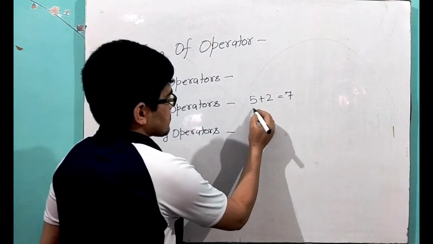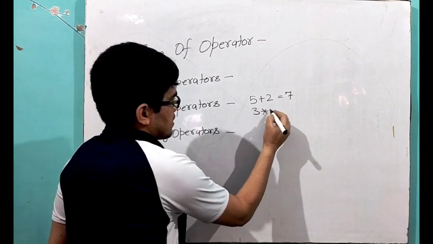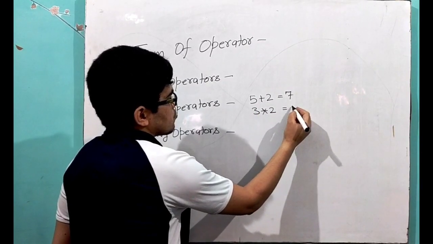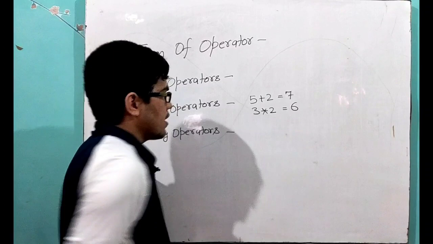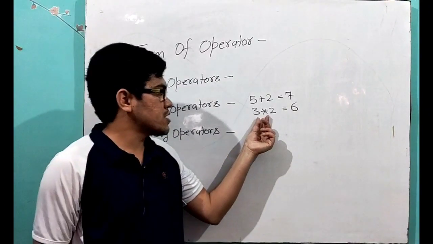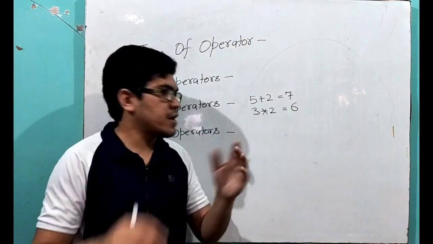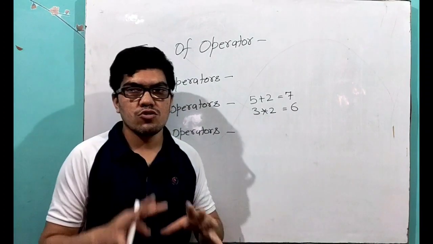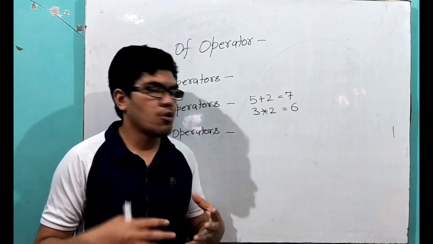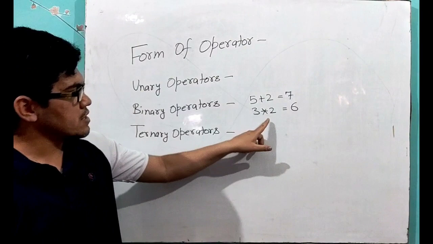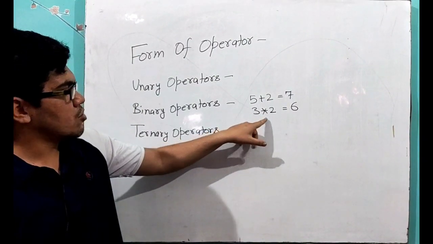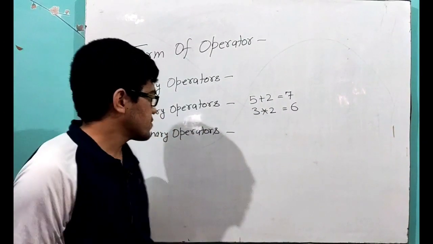Same as 3 multiplication by 2. This multiply operator requires two operands, that is 3 and 2, to perform an operation. So this operator is known as a binary operator.